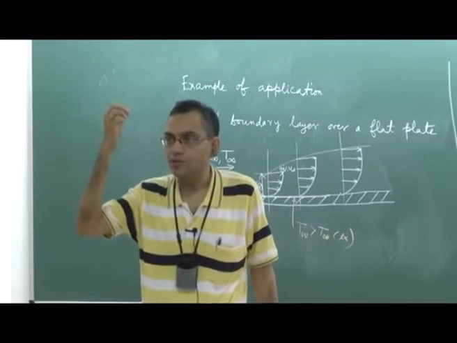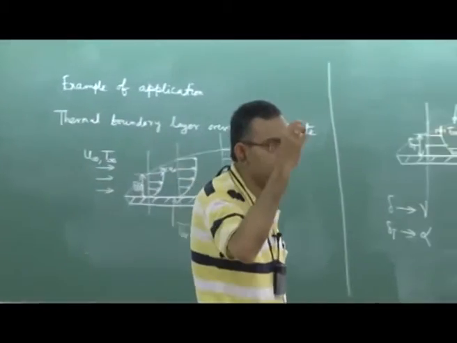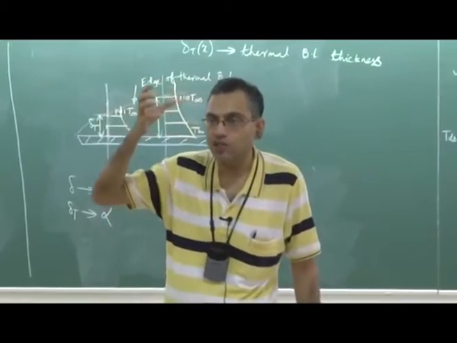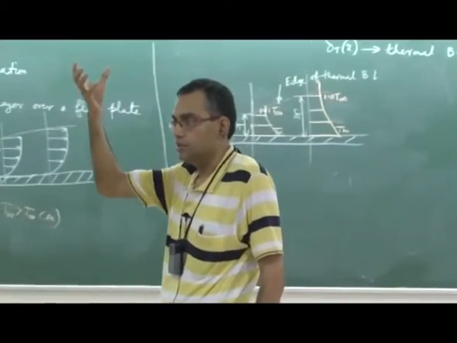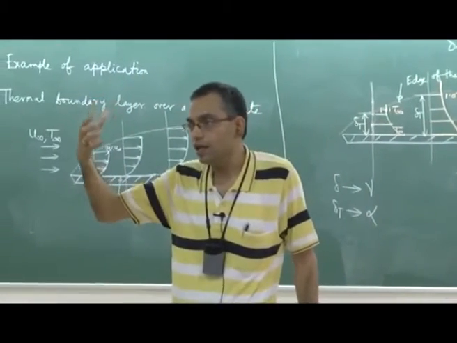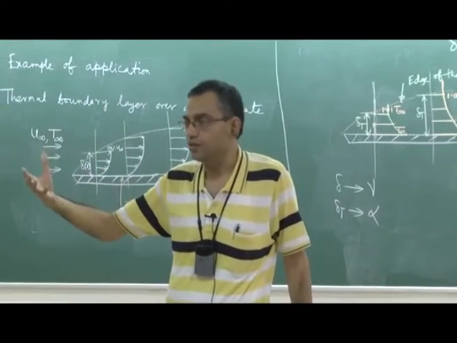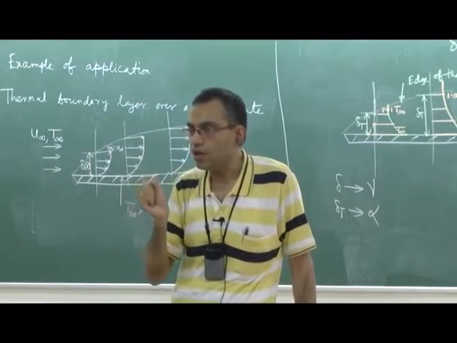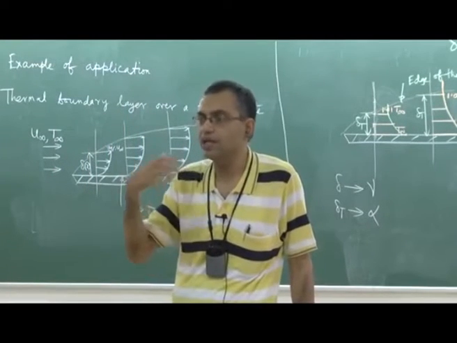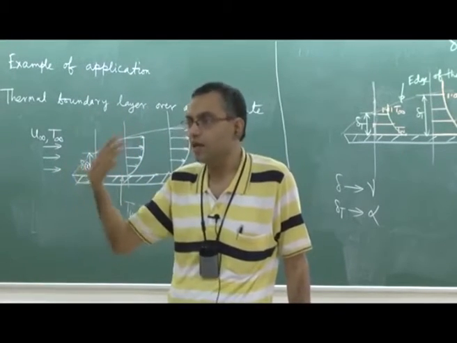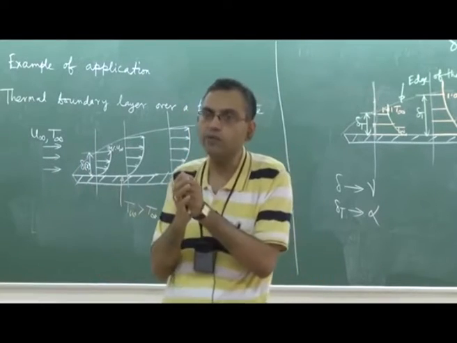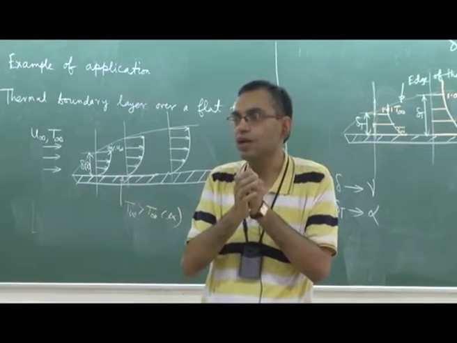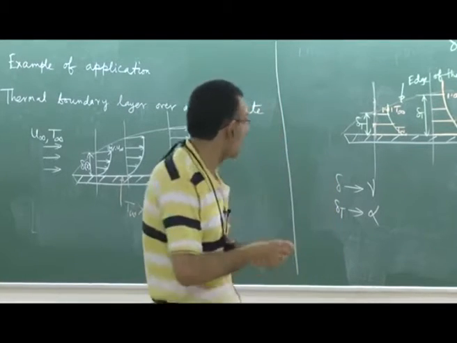So, thermal diffusivity is K by rho Cp; K denotes the strength of conduction and rho Cp is the thermal inertia. So, it talks about the storage. Conduction relative to the storage, that ability is dictated by the thermal diffusivity. So, thermal diffusivity in many ways is analogous to the kinematic viscosity.